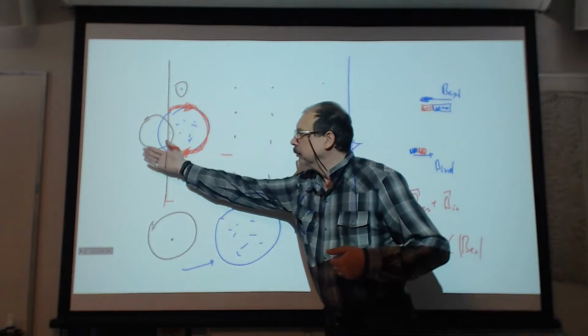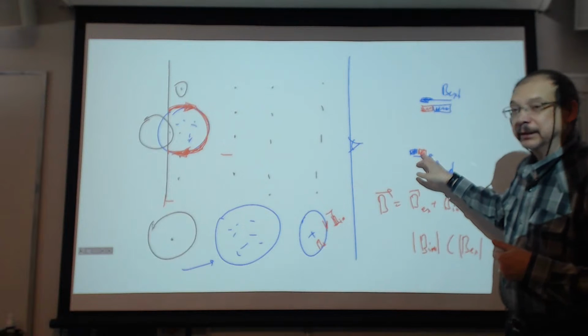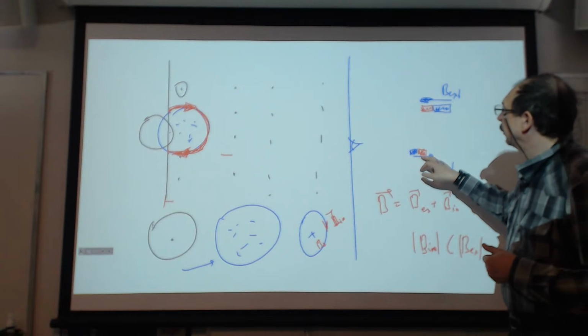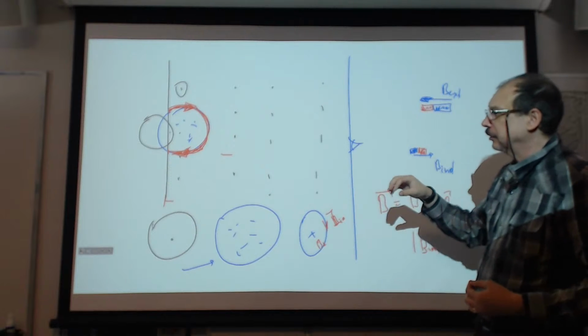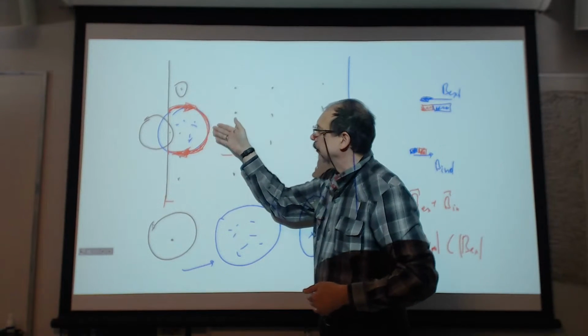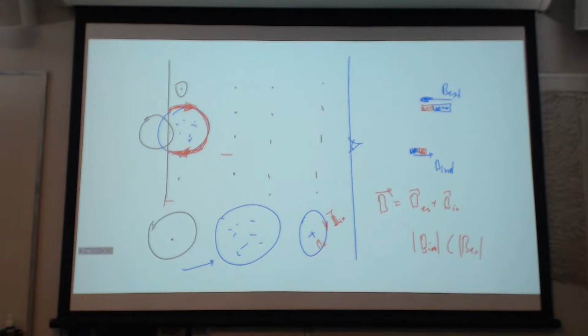You see, if you would be entering this loop like that, it would be acting like this magnet. So basically, you would have two magnets repelling each other. So that is why the force from the magnetic field also should point to the left.